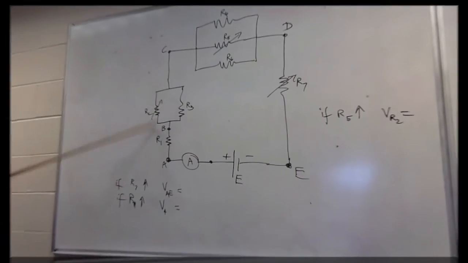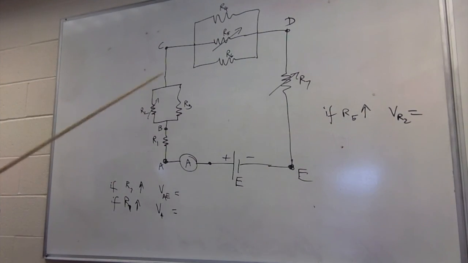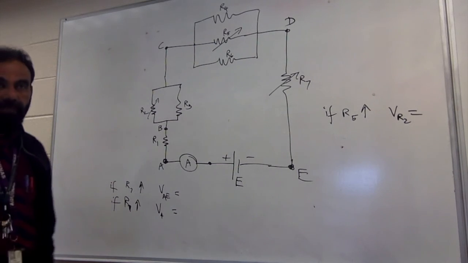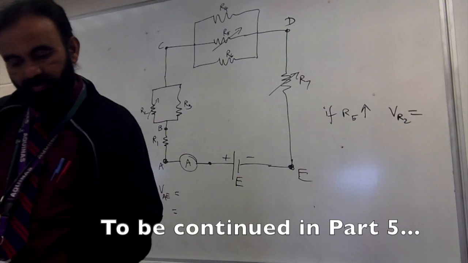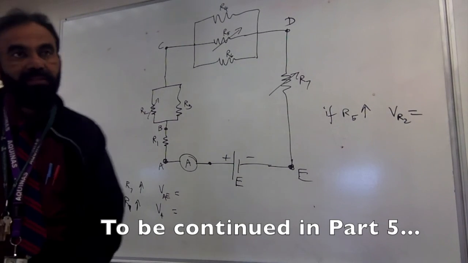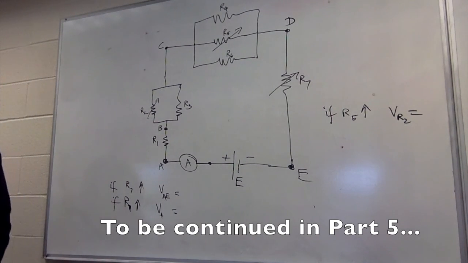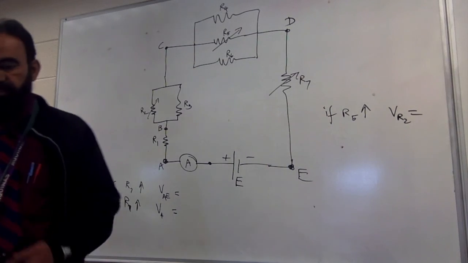R5 increases. What happens to the potential difference across this? Yeah. Should it not change? It changes. Yeah, it's going to go down. You can look into it and reason it out.